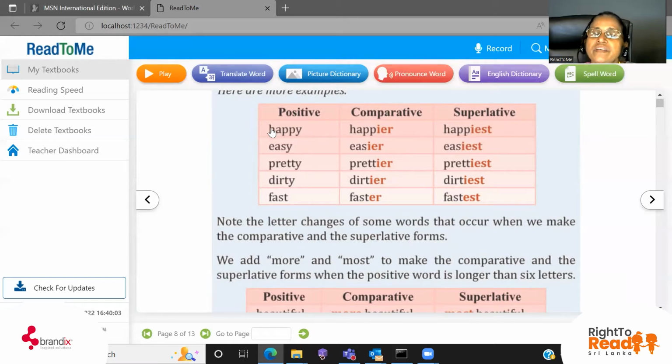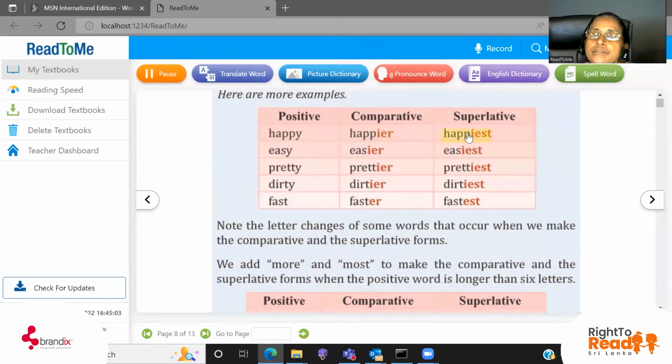Shall we read the words then? Happy, happier, happiest. Easy, easier, easiest.